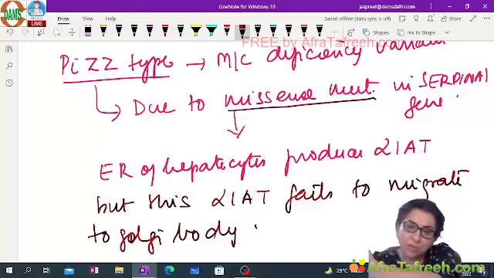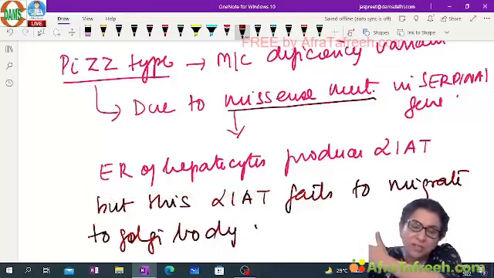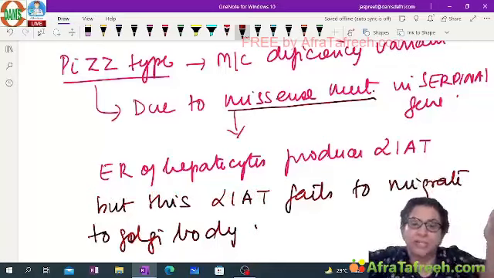So it won't go out of the liver, it won't come into the blood, it won't reach the lungs.